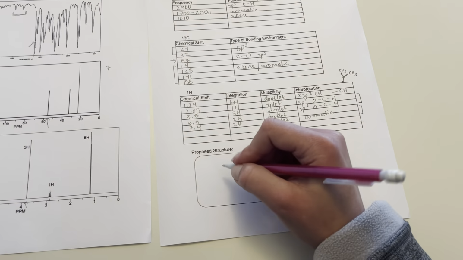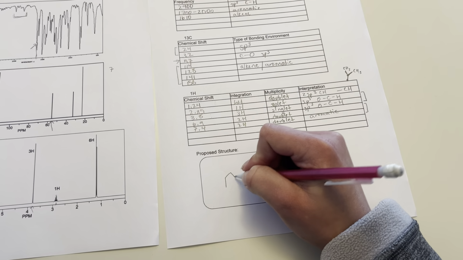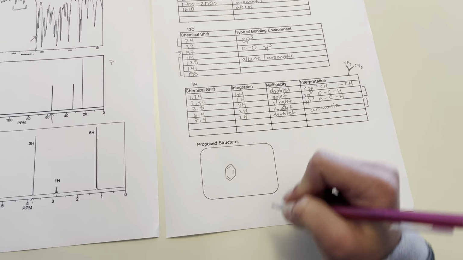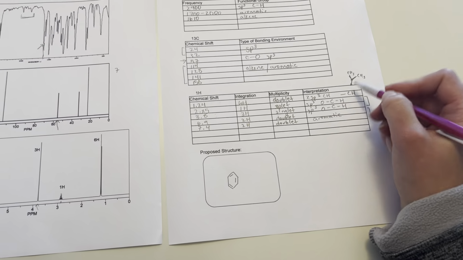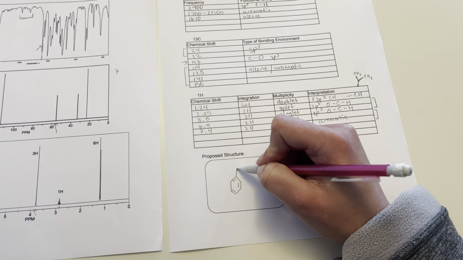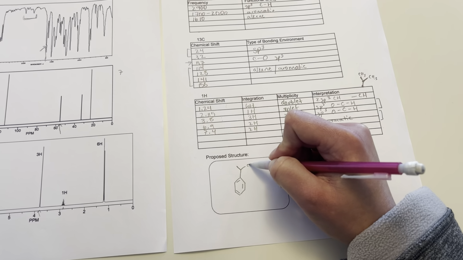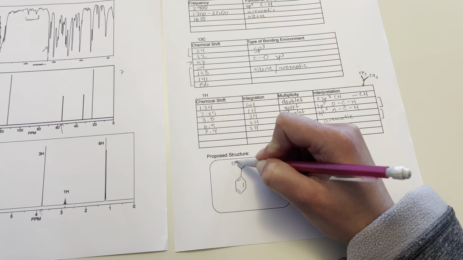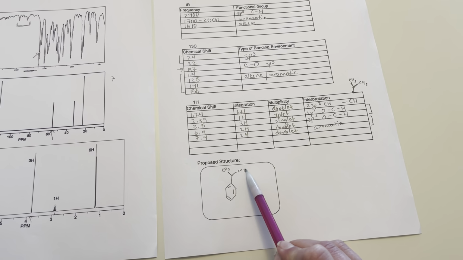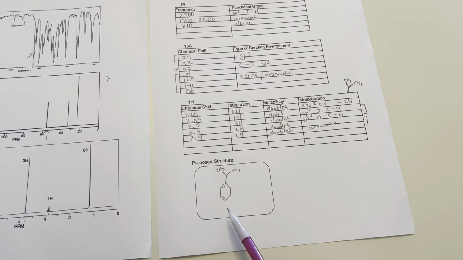I'm going to start by drawing the aromatic ring, and then connect this to one part. All of these H's are doublets.